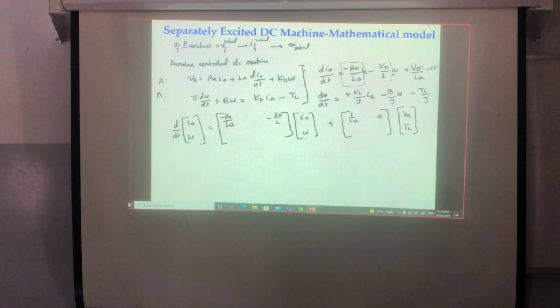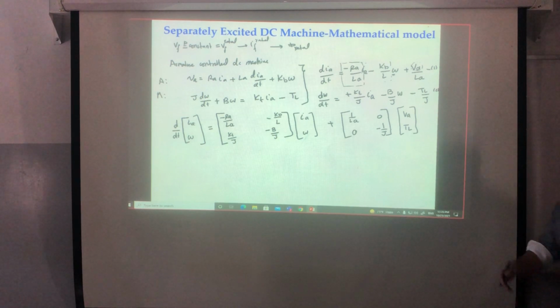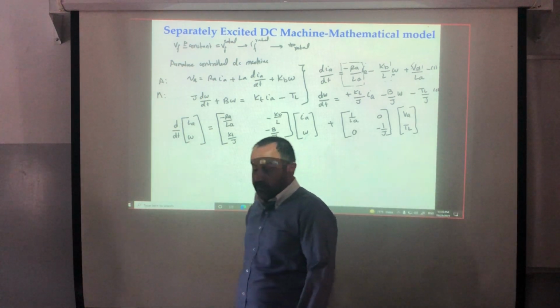Who can help me with the second line? Go to the second equation. The first one is KT over J, then minus B over J, 0 here, and minus 1 over J. Correct? It's very simple.